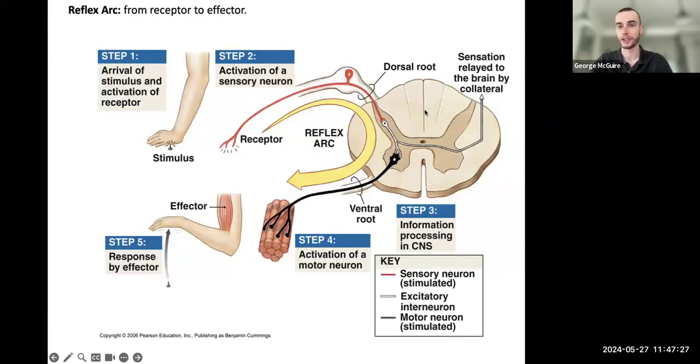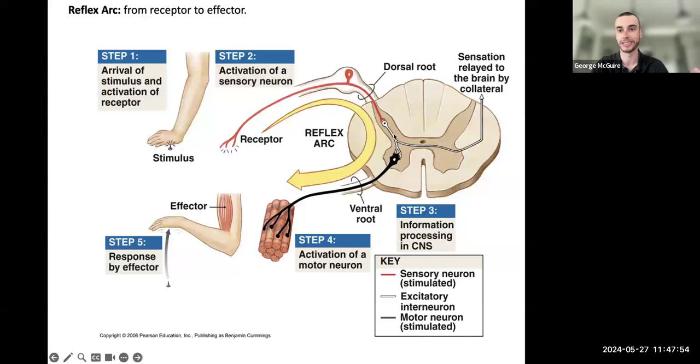So a simple reflex arc would look like this. In this case, we have someone laying their hand down onto a nail. So we're going to feel some pain, right? That stimulus is the pain being sensed by the palm of the hand, which is our receptor. That stimulates this sensory neuron to carry that pain signal to the central nervous system, where it synapses with an interneuron.